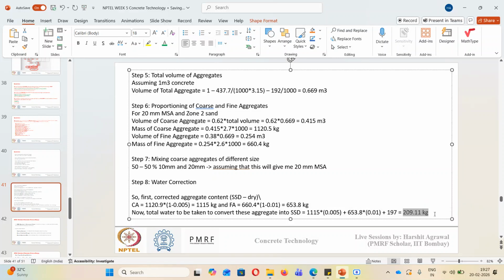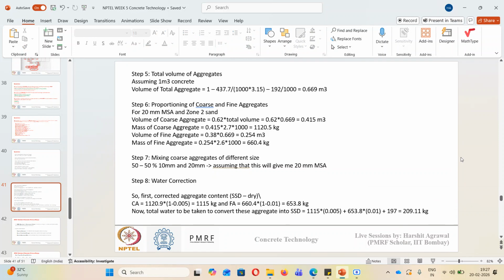So this much amount of water I need to add. So from this water, around 12.11 kg of water will be absorbed by coarse aggregate and fine aggregate to convert them from dry to SSD, and the remaining 197 kg will be used in workability and strength, cement hydration.